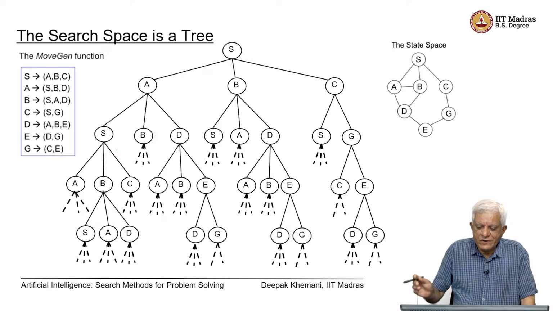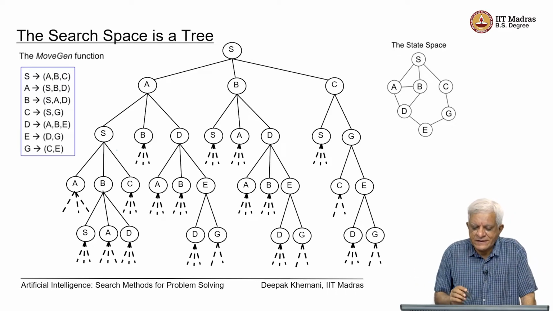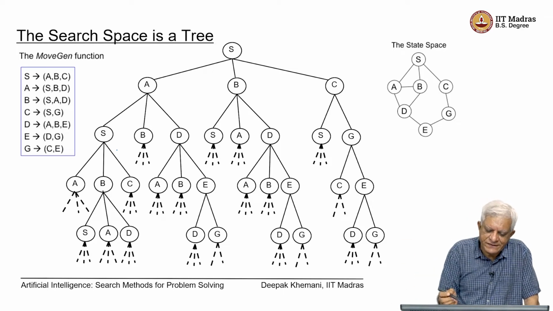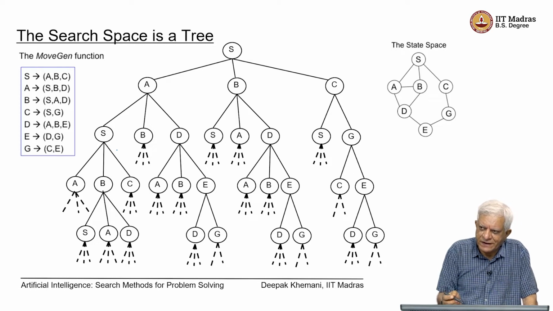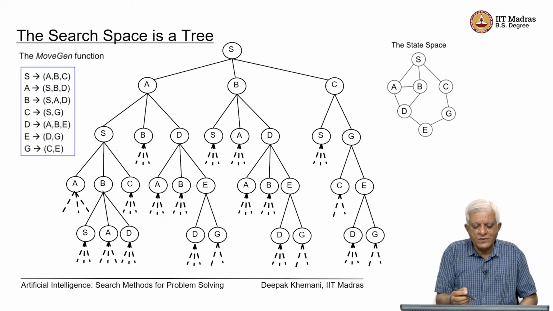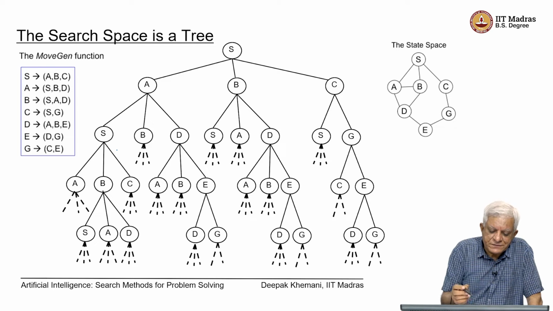We are going to start from the start state, so the root of our search tree is S. From S you can go to either A or B or C. That is the choice that you have to make. Remember that I said the key thing is which node to pick from there. Let us say you pick any one of them; from S, let us say you go to B.